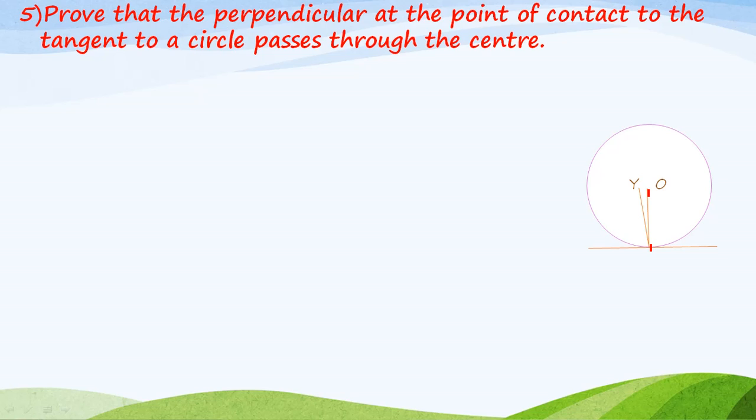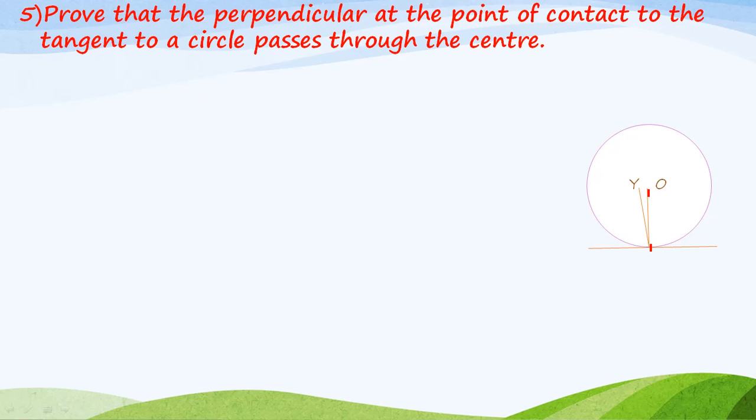P is the point of contact. Any perpendicular line drawn from point P, the point of contact, must join with the center.